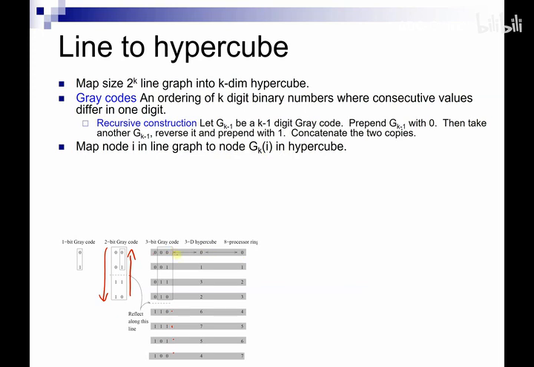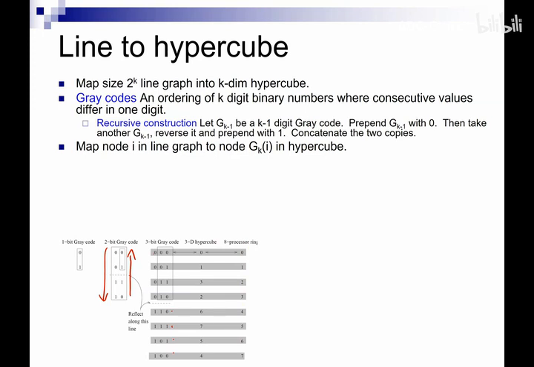Here we've constructed the gray code. If you convert these to decimal numbers, the ordering of the gray code is 0, then 1, then 3, and 2, and then we have 6, 7, 5, 4. Now we take the ith node in the line and map it to G of I. For example, 0 gets mapped to 0, 1 gets mapped to 1, 2 gets mapped to 3, 3 gets mapped to 2, 4 to 6, 5 to 7, and so on.